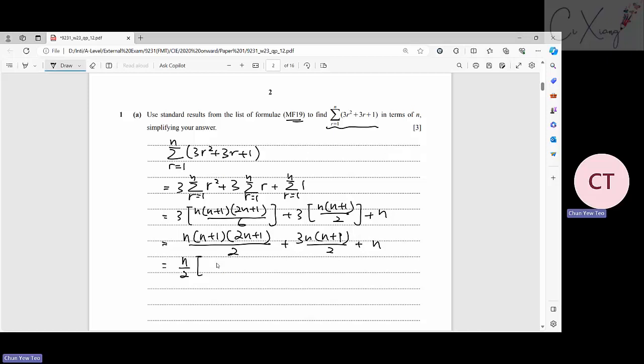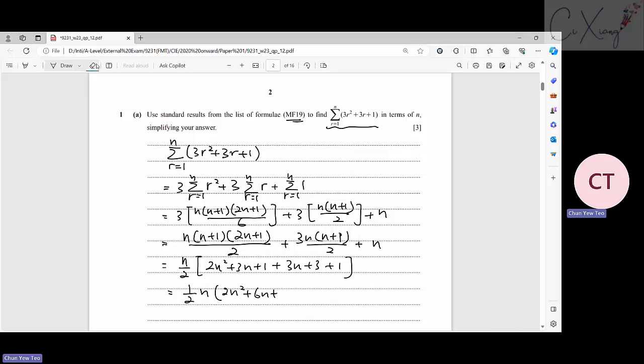So the first term, I have 2n squared plus 3n plus 1. The middle term will have 3n plus 3. This one is a 1. So you expand and simplify, you get 2n squared plus 6n plus 6n.